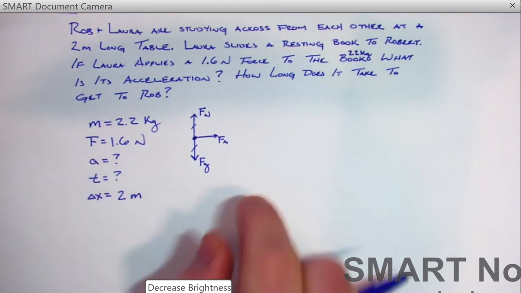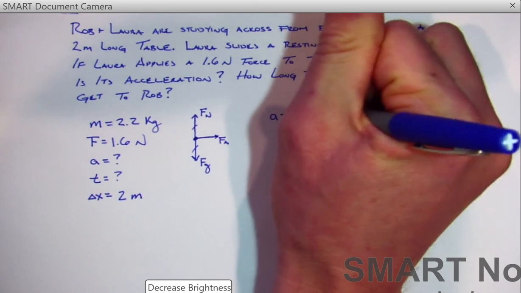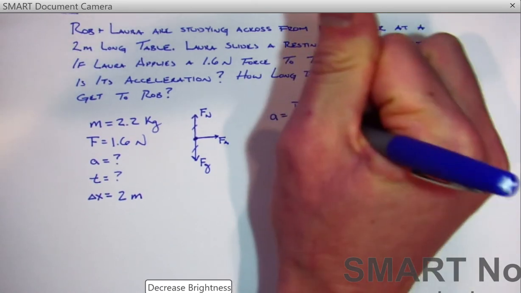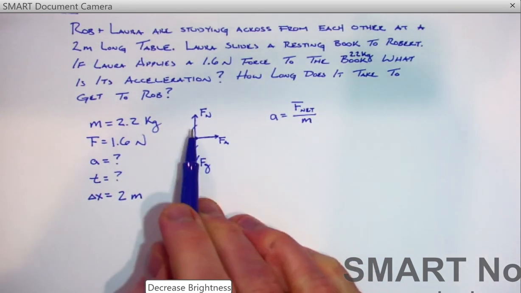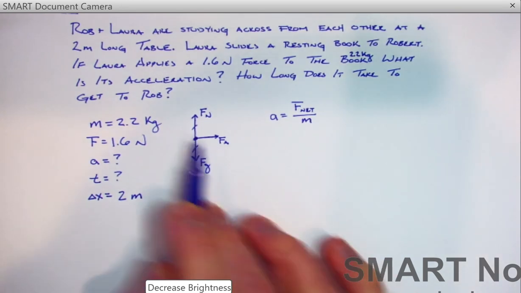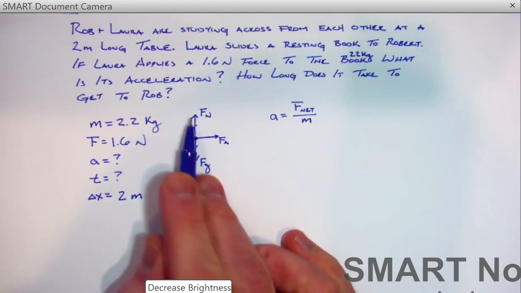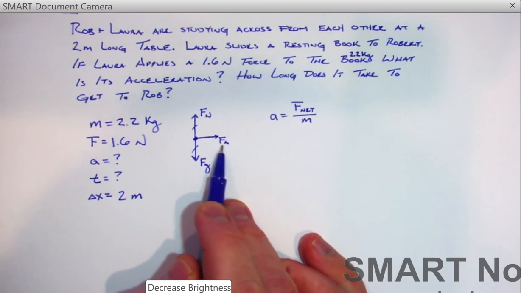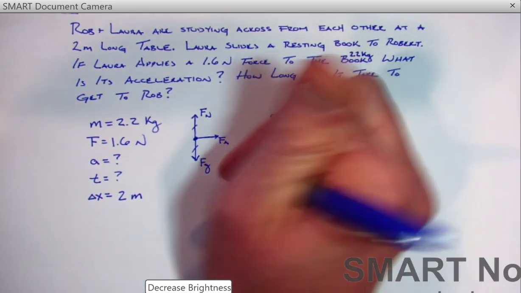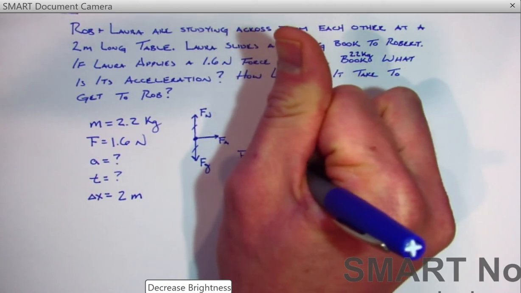For acceleration, we know from Newton's second law that acceleration is equal to the net force divided by the mass. In this case, the net force is just the applied force because normal force and the force of gravity would be equal but opposite. So we can disregard those and focus only on the force applied. In this case, we can say force applied is equal to F net.